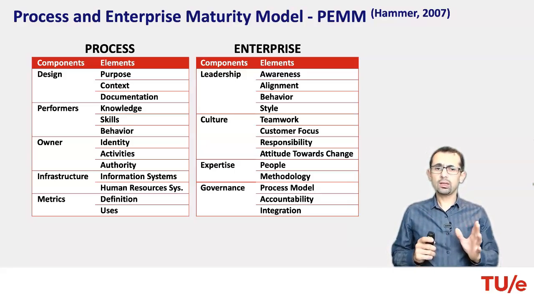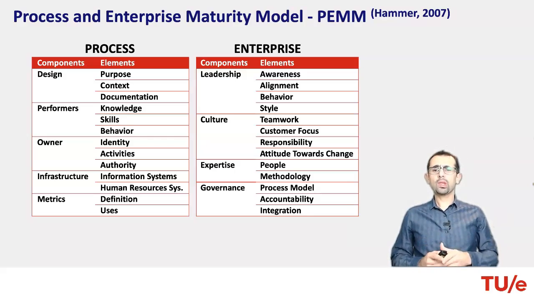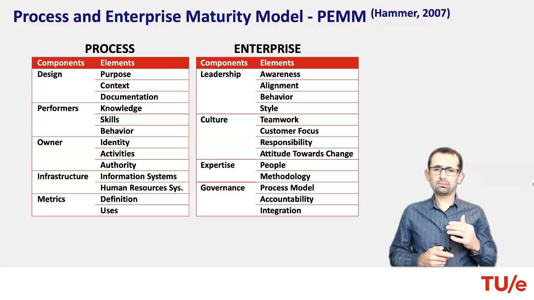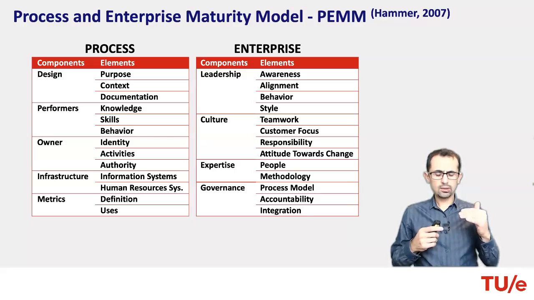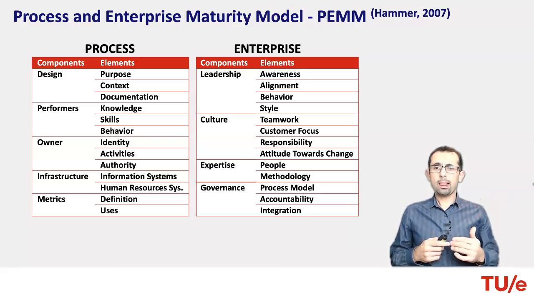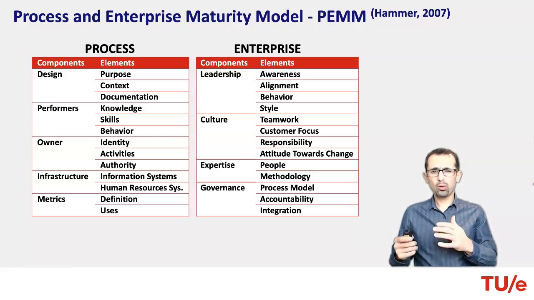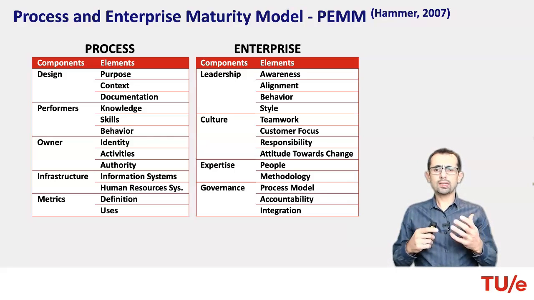Again, its structure is quite different from OMG's BPMM. It's a continuous model. Don't worry about this term now. Unlike the OMG's, it doesn't have practices that you need to do at each level. Here you have some organizational components, and each component and its element has properties for each maturity level.